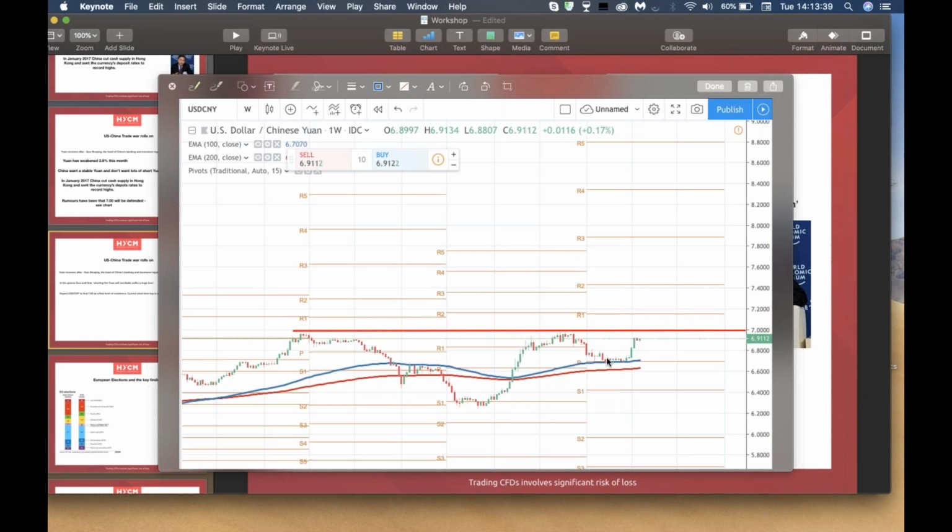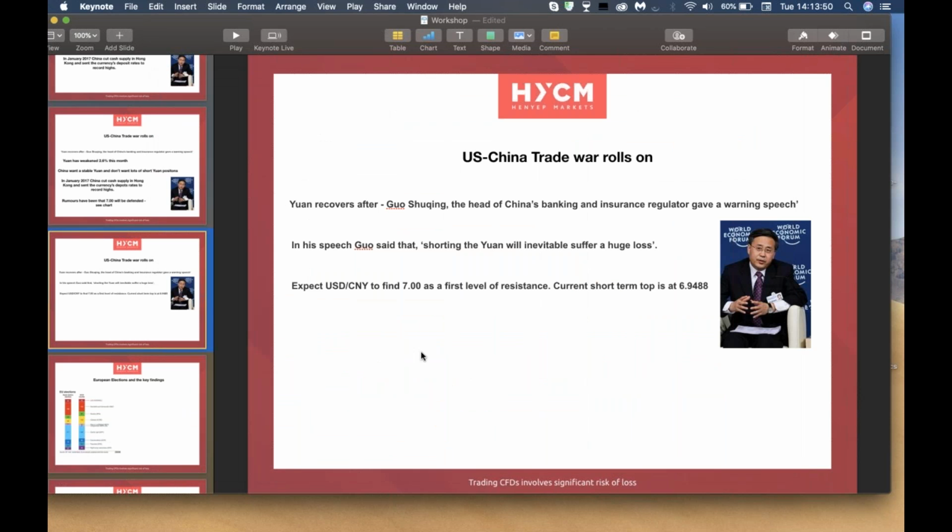You can see there's multiple factors that the US dollar Chinese yuan should hold at that 7 level at a first test. So that's the technical picture. We've got the fundamental picture. It's all part of this US-China trade war rolling on.